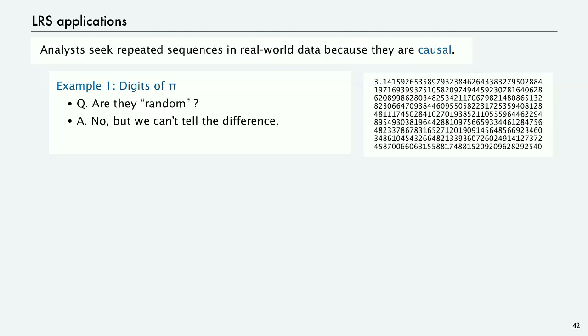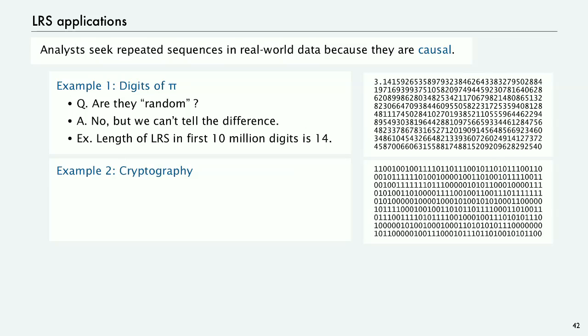The answer is no, but we can't tell the difference. Any tests that people have performed on the digits of pi would pass the test of randomness. So for example, if you build a mathematical model for the length of the longest repeated subsequence, it should be about 14 for 10 million digits, and that's what it is for pi.